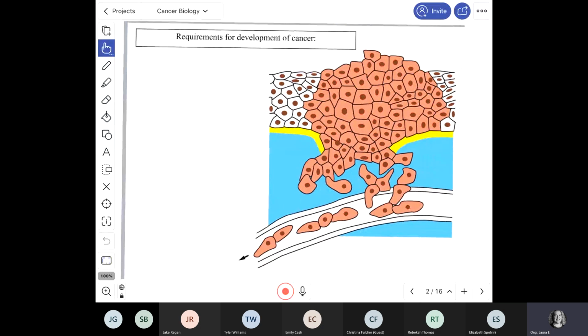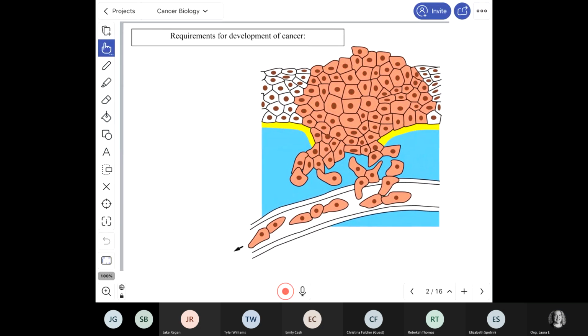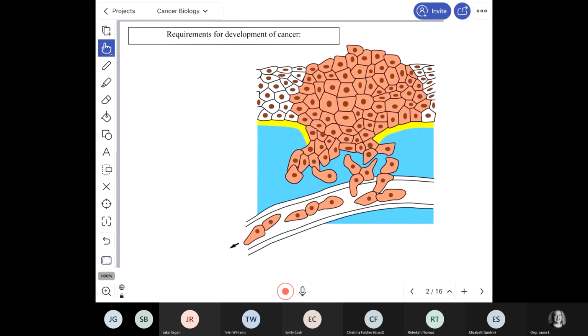So in the beginning here, I know that you all have a general understanding of what cancer is. It's cells growing uncontrolled in a way that they're going to harm other tissues. And it actually takes several different things to go wrong for cells to develop a cancer state.